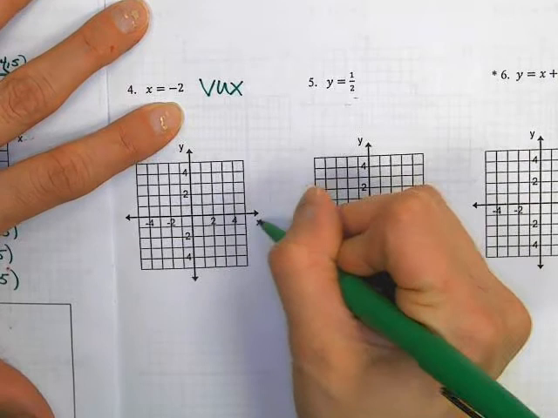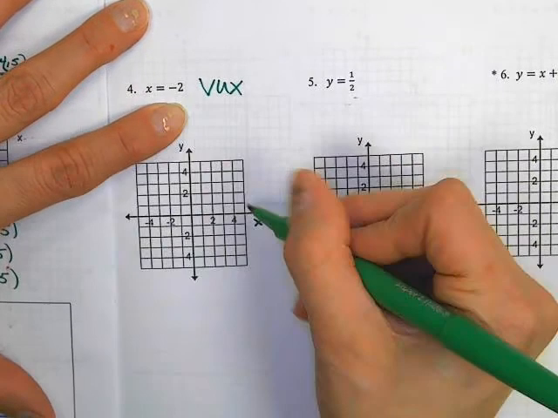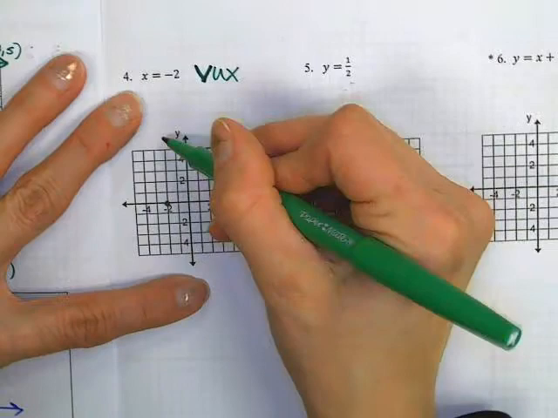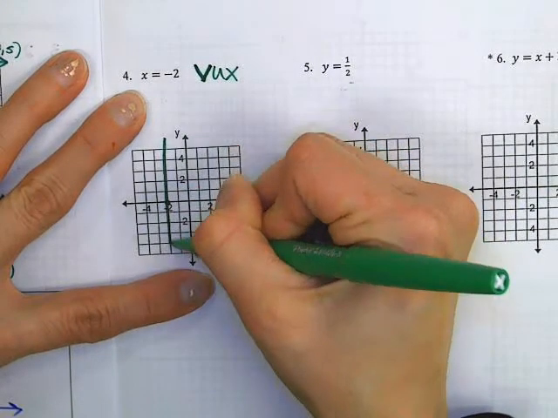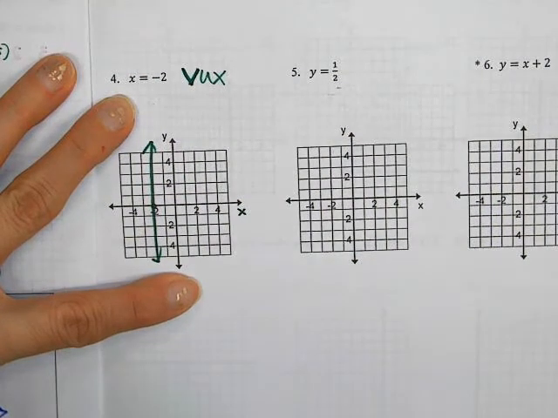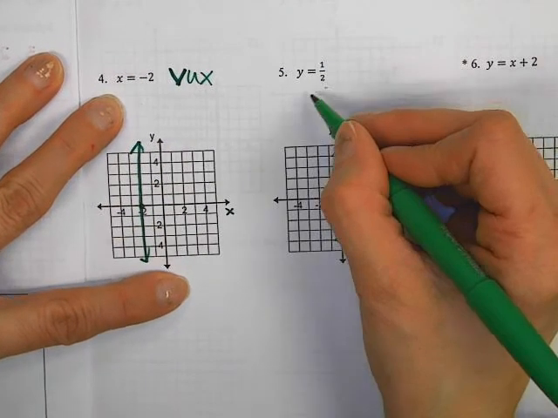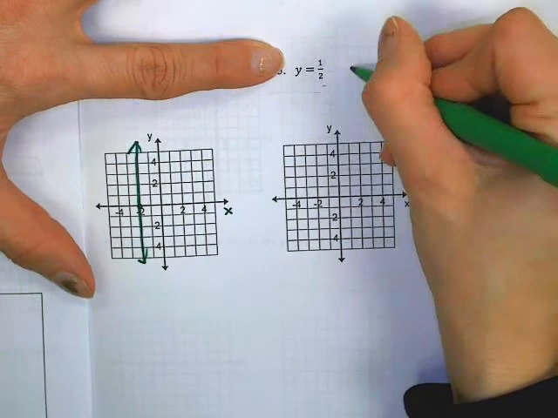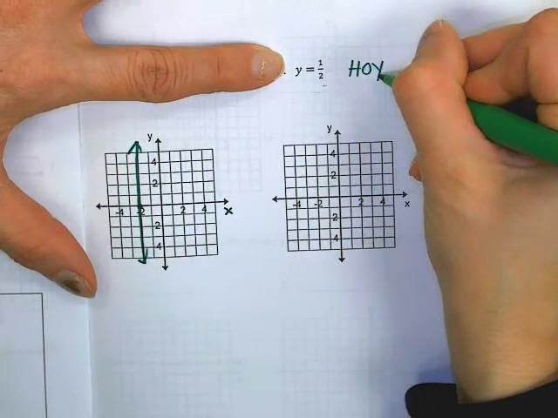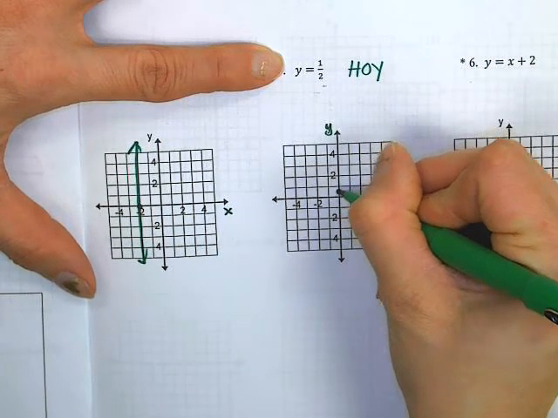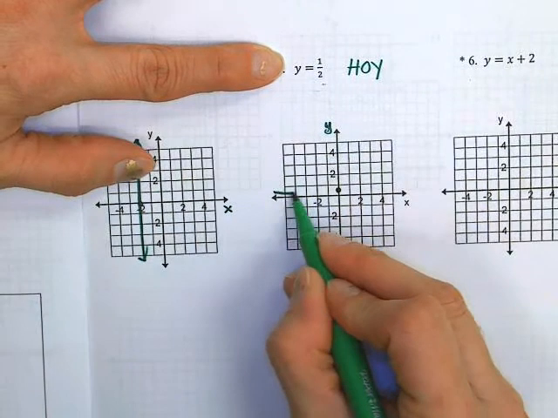I go to the x-axis at negative 2, and I have to draw a vertical line. Vertical means going up and down. Number 5, y equals 1/2. This is going to be a hoy. I go to the y-axis at 1/2, and I have to draw a horizontal line.